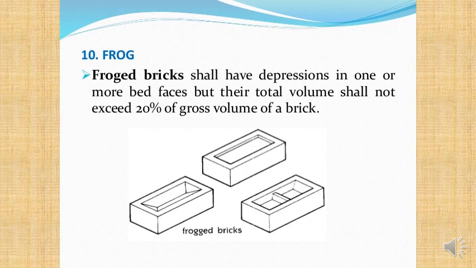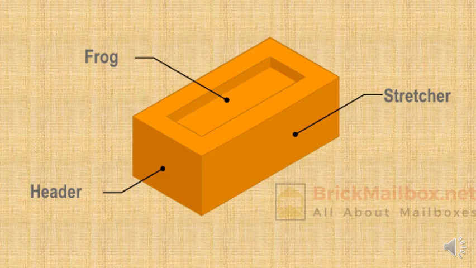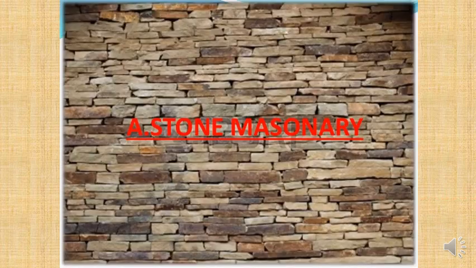So that's why we have frogs. So just a quick recap of the terminology. For the block itself, the long face, that's called the stretcher face. The short face is called the header face. And if you have an indentation that's placed in the block, we call that a frog.